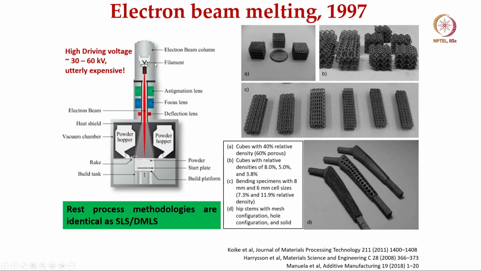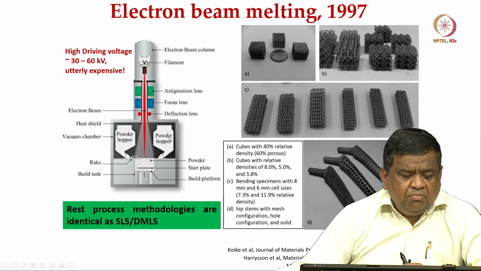And here this electron beam is first generated with a filament, then it goes through an astigmatism lens, focus lens, deflection lens, and finally enters the 3D printing chamber, where a powder hopper is there on both sides of the electron beam.